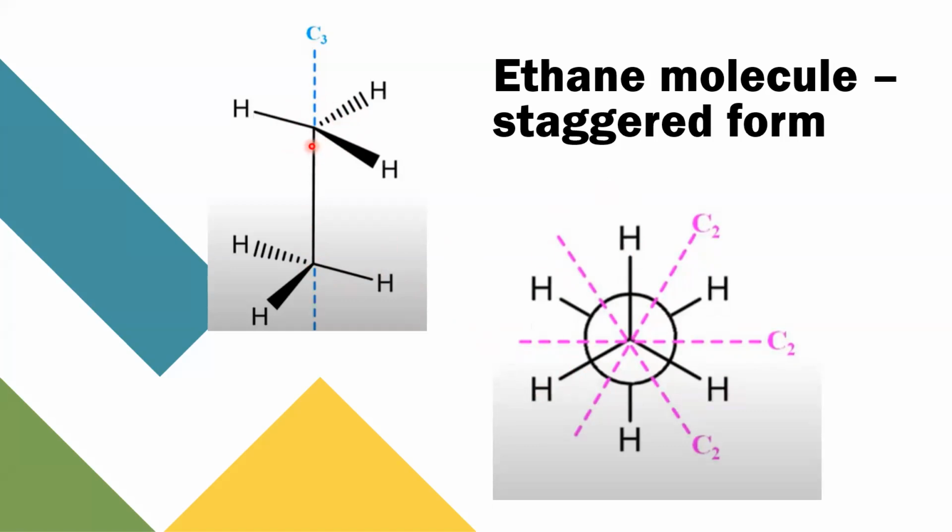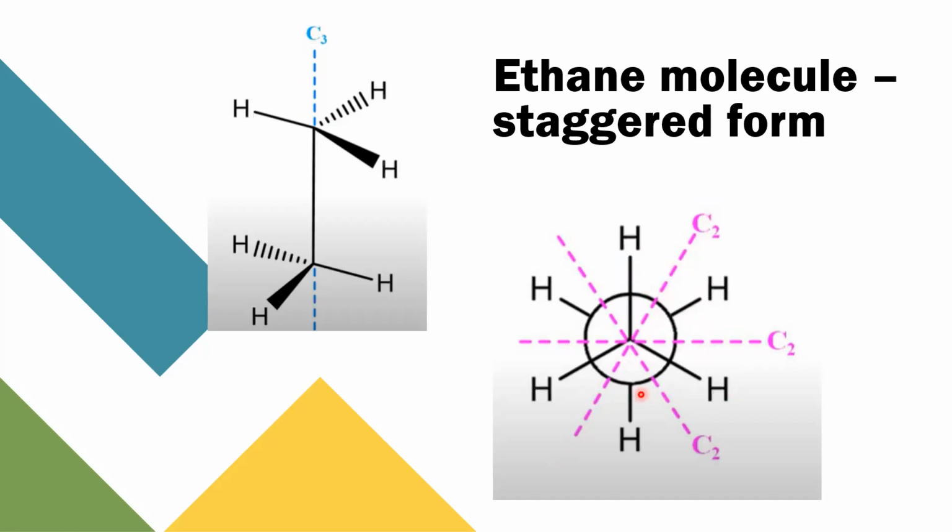And in the other carbon atom, the hydrogens are like this. So here, in this molecule, staggered ethane, there are C2 axes which go through, which bisect the 2 hydrogen atoms in each case.